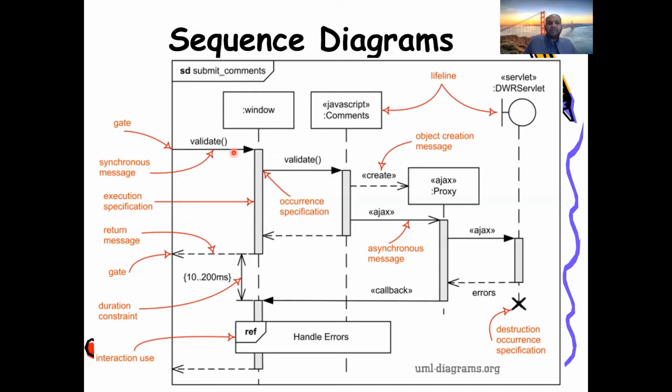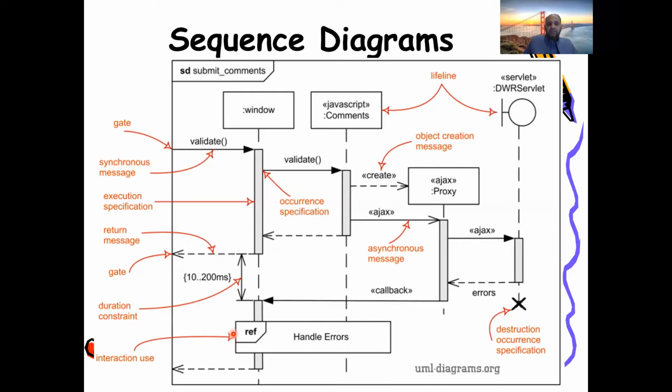You can see the symbol of synchronous message is this one, a filled arrowhead, and the symbol for asynchronous message is a simple arrow, which is not filled. Similarly, this is the symbol for create message. You can say it's an object creation message. And this dashed line return symbol is generally called return message.